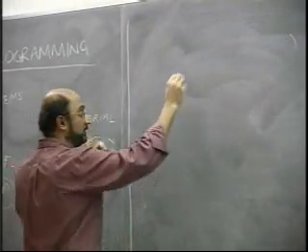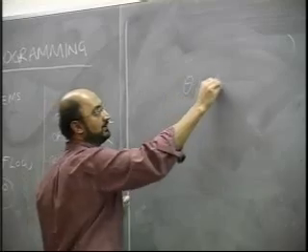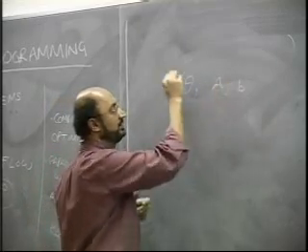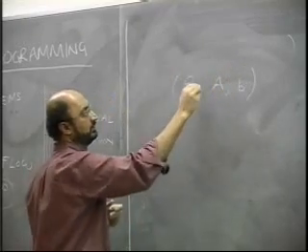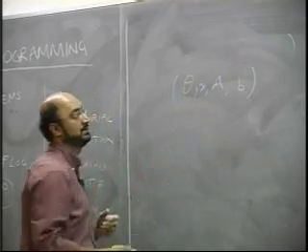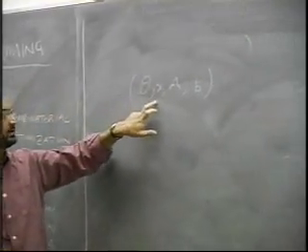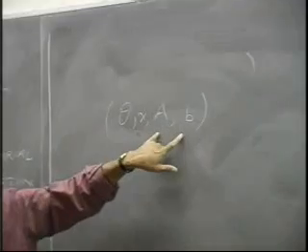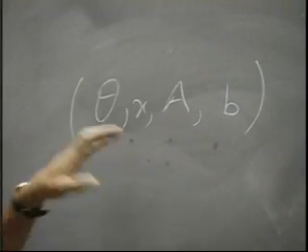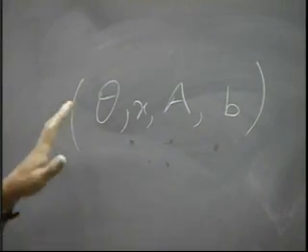So a linear program is: optimize some objective O over X, subject to AX less than or equal to B, for some A and some B. Sorry, some objective function O, control variables X, and the constraints expressed in the form AX ≤ B. These are all matrices. Well, O is not a matrix.